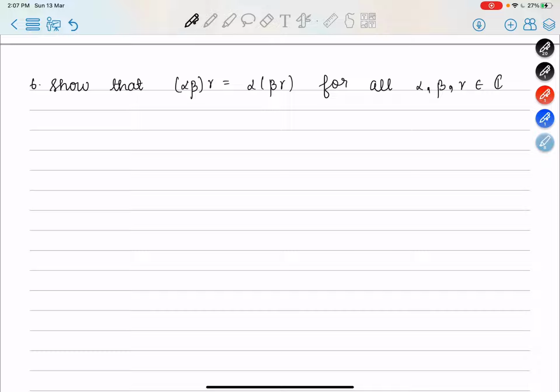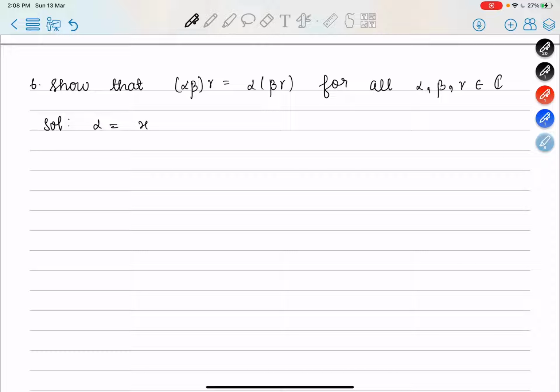Next is the sixth question. Show that alpha beta gamma equals alpha into beta gamma. Here also the same technique is used. This will be a tiring calculation. You have to do it a lot, but the concept remains the same.